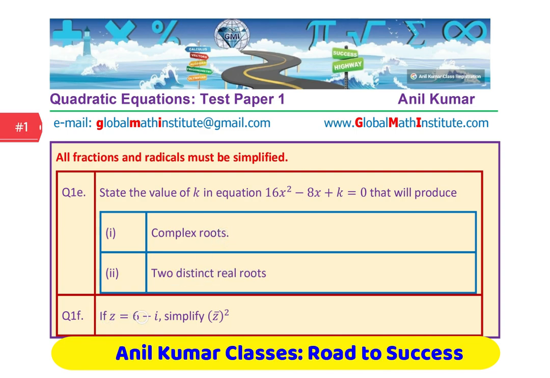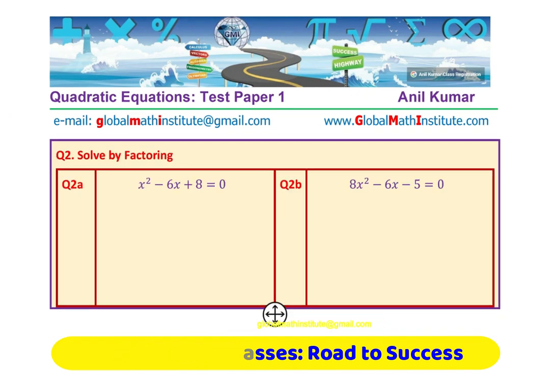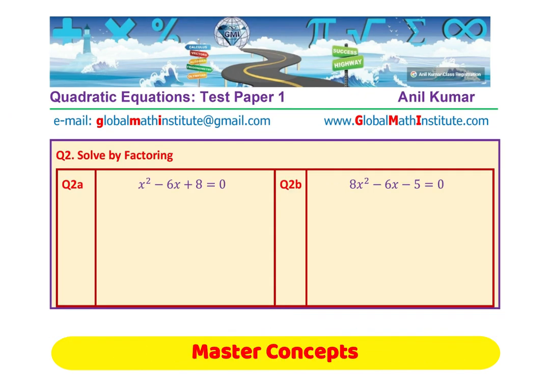If z equals 6 minus i, simplify conjugate z squared. So there are 4 questions which I've put in the very first question. Those 4 were complex numbers based.